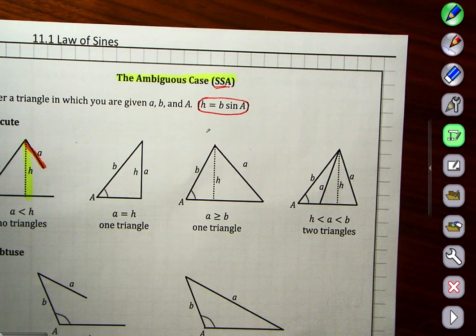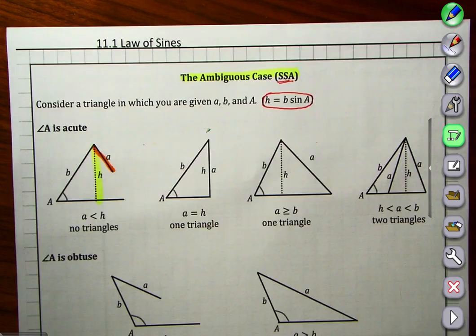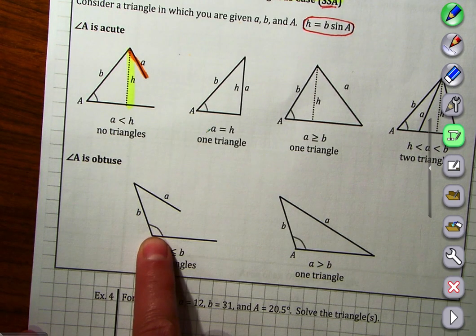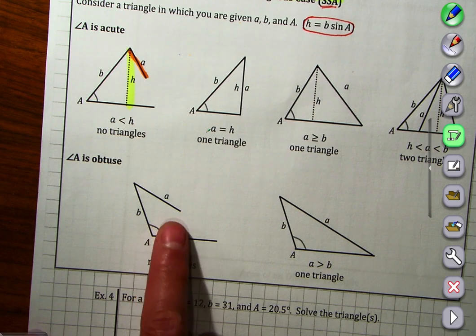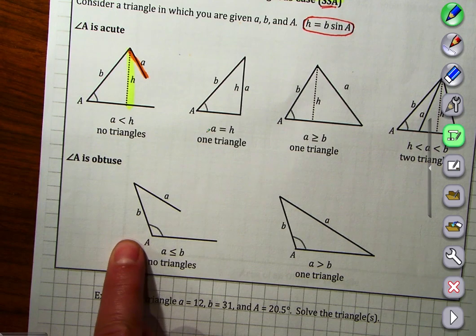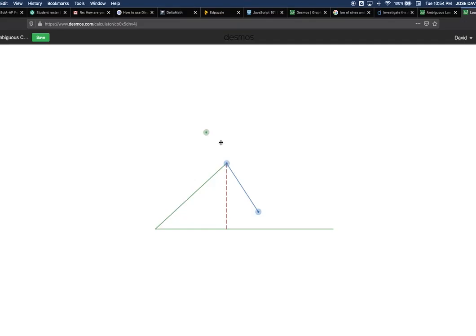And that is the first case. So hopefully that helped you understand your ambiguous case. And the same thing whenever you have an obtuse triangle, if A is smaller than B, but you guys see the picture.